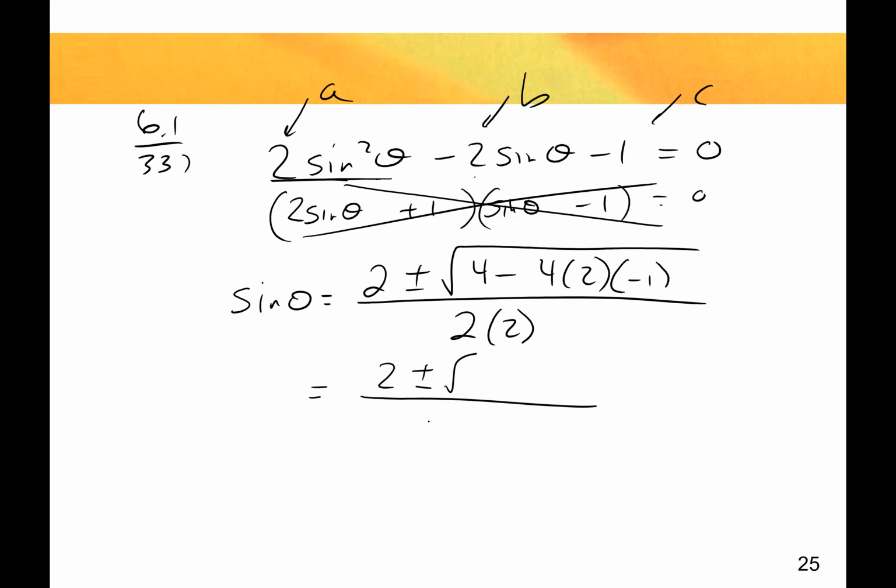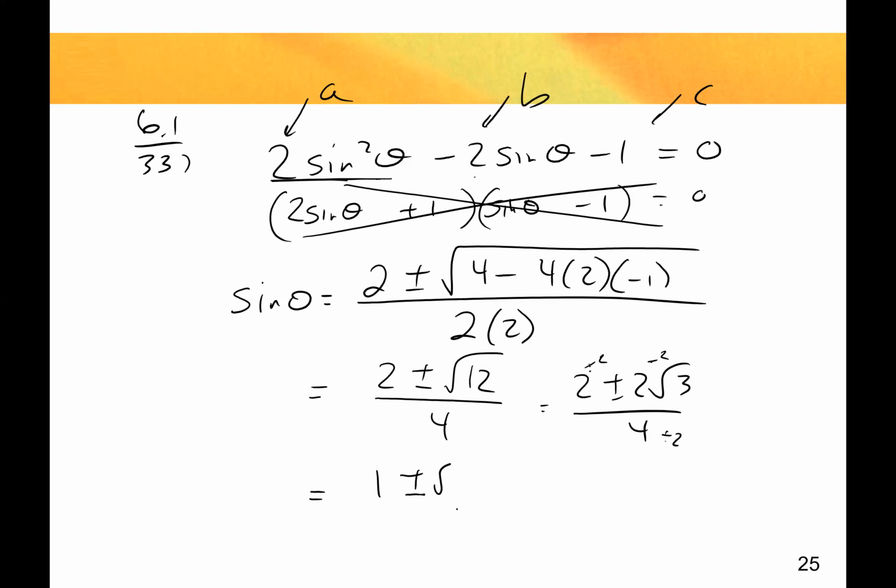Are we okay with 12 there? 4 times 3, which means we get to pop out a 2 on the outside, 4 on the inside still. And then these reduce by 2 everywhere. So 1 plus or minus √3 over 2 is what I have.